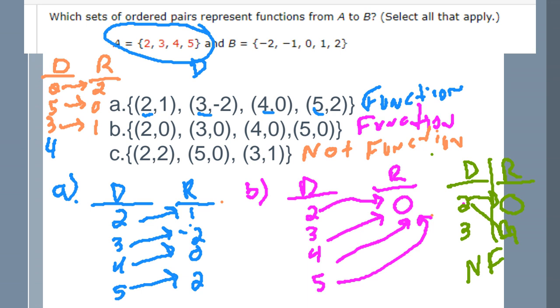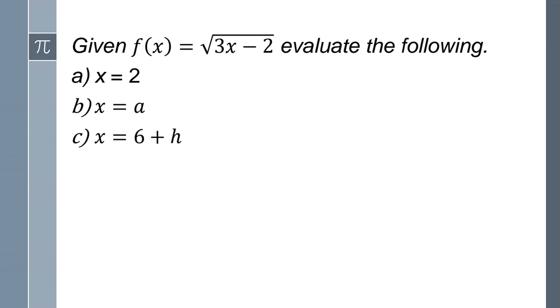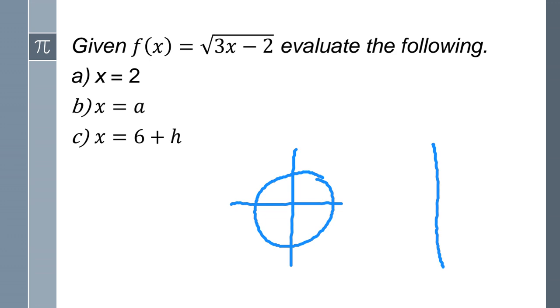Okay, so now let's continue. If you're given a graph, let me just draw a graph. Let's say I have a circle and a line. Then you can use the vertical line test to determine if it's a function or not.